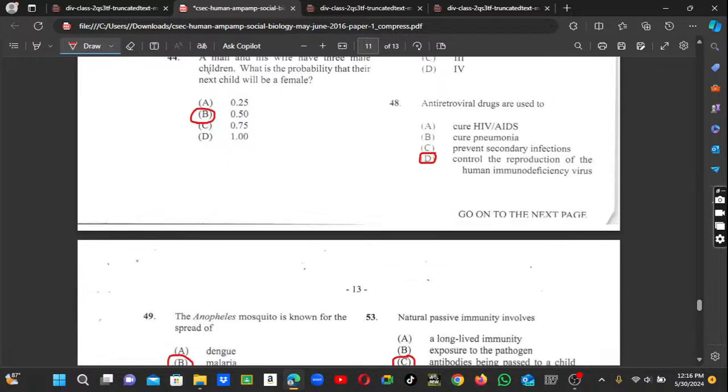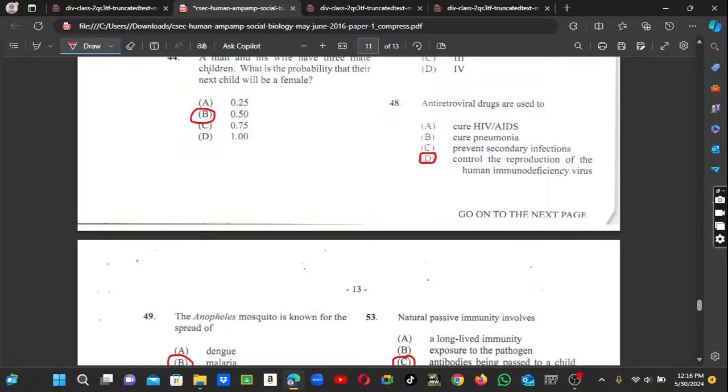Alright, number 48. We're talking about the antiretroviral drugs, which are used to. So anything to do with the antiretroviral drugs, you're talking about persons that would have been exposed to the threat of HIV.